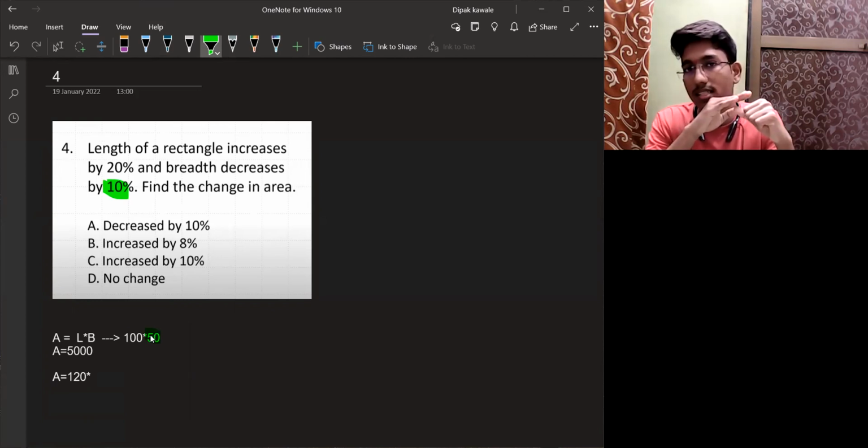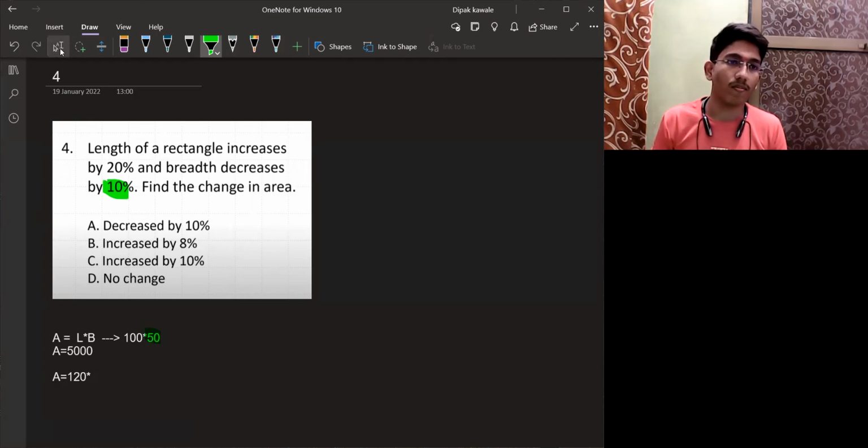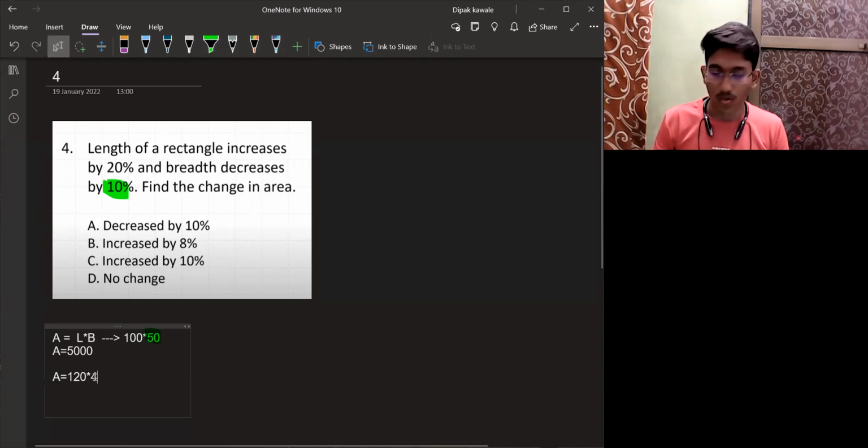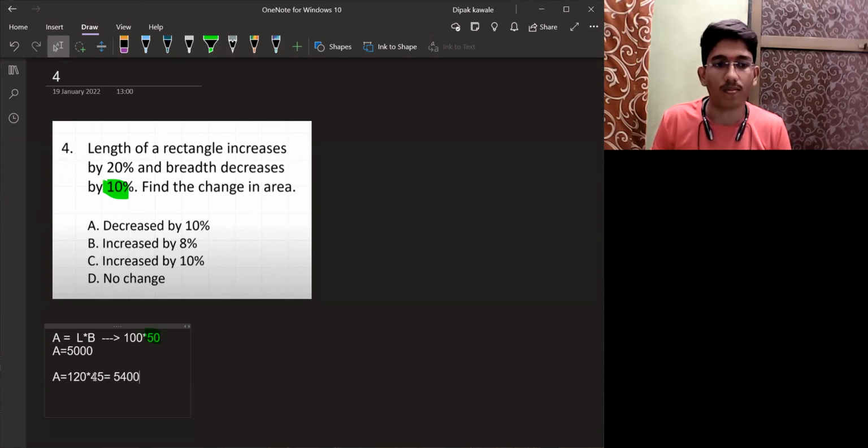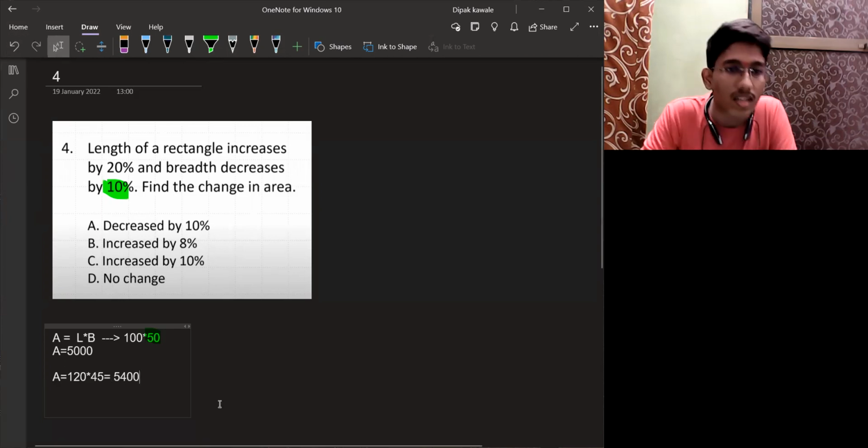That means we have to subtract 5 from 50, which will be 45. Okay, so 120 into 45, which is nothing but our 5400. Okay guys, that means the change in area, that is increased area, is our 400.